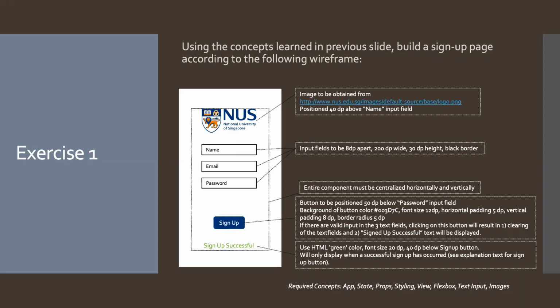Just like what I did with the exercise 1 code base, create a container directory and a component directory, move all the presentational components into the component directory, and move all the container components into the container directory.